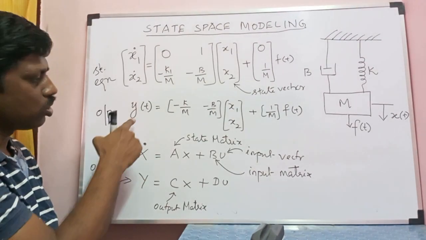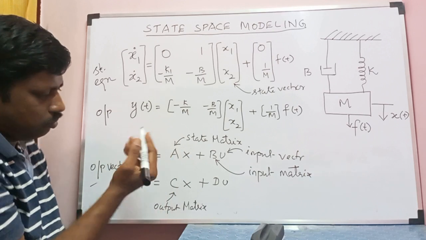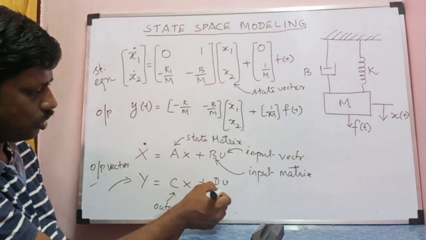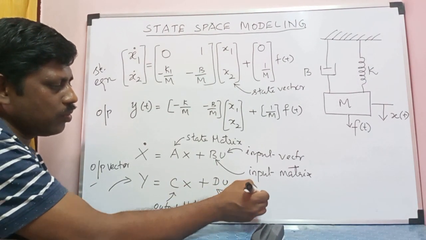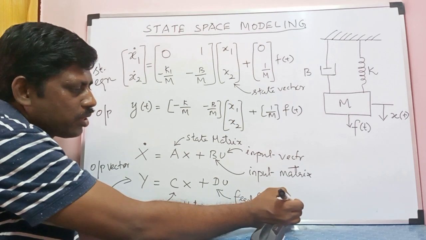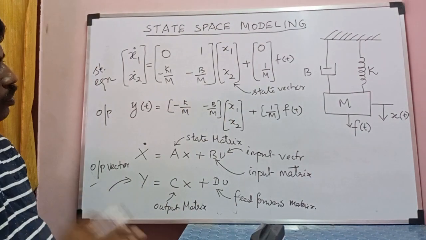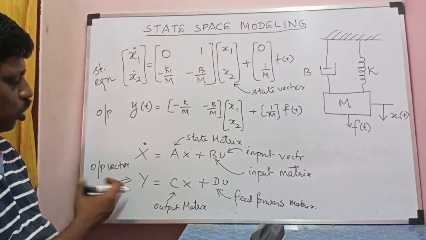Of course, here we have got only one term, but there may be more outputs I can take. This is called the feed forward matrix. Please note that I can take more than one output also.